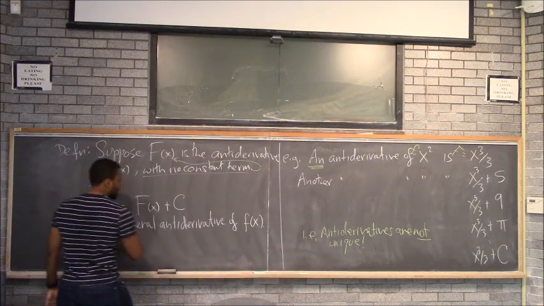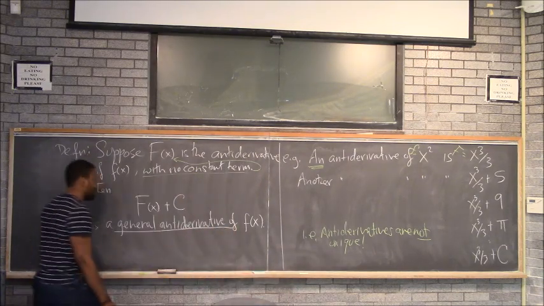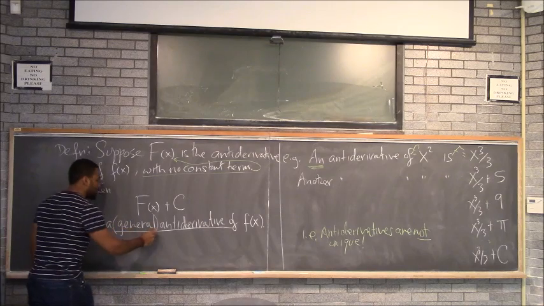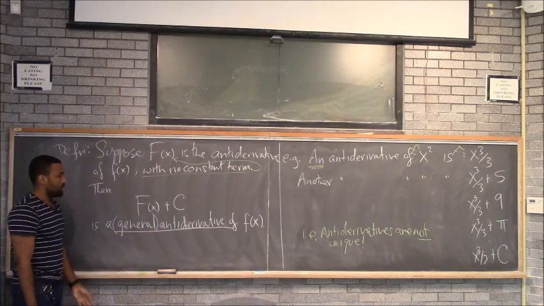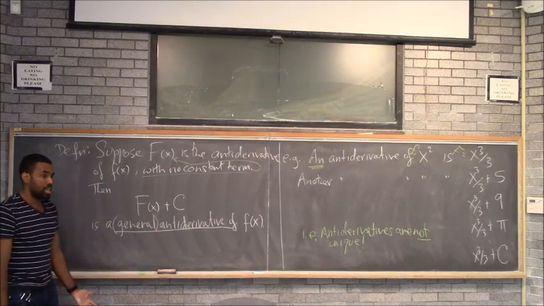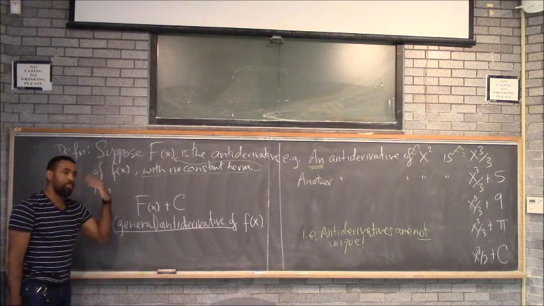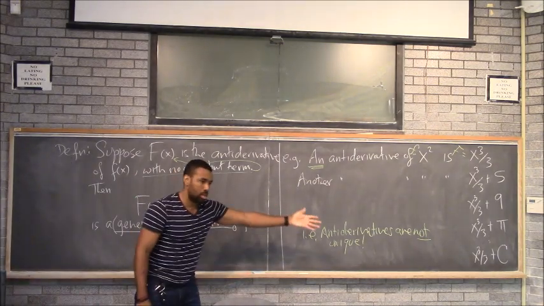So there's an idea of a general antiderivative, and oftentimes you kind of leave this word out. So usually when someone says antiderivative, they really mean the general one. It's implied that you know there could be a plus c hidden there.